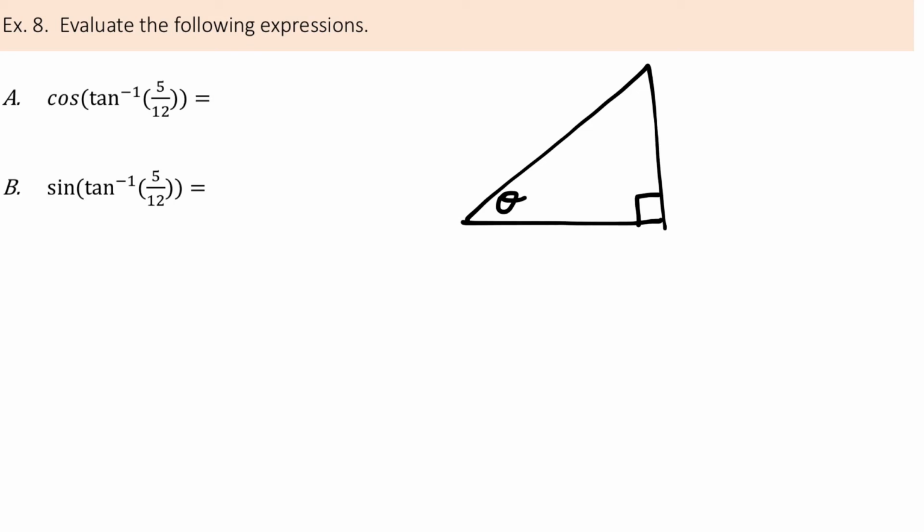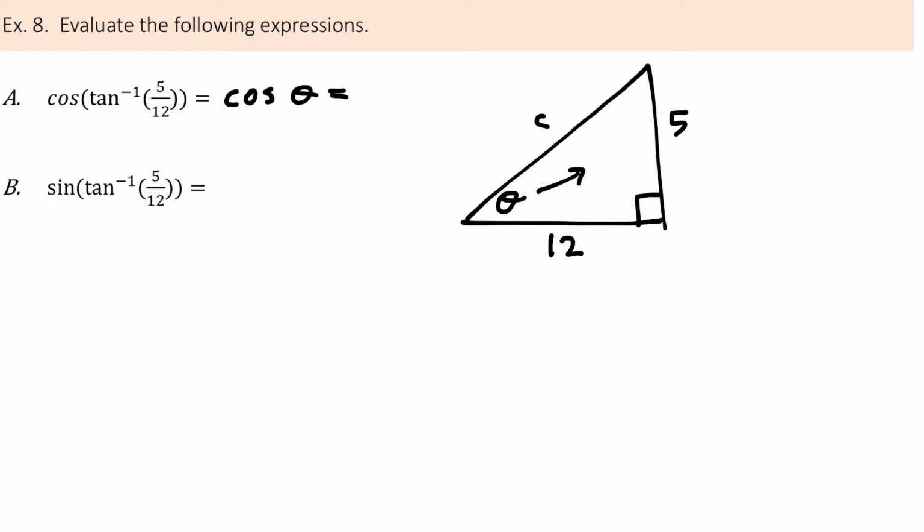So that means the angle theta has a tangent of 5 over 12. So that means this would be 5 over here and 12 here. So opposite over adjacent. All right, so that means if I wanted to find the cosine of that angle theta, I could use those two known side numbers, but I need the hypotenuse number here.